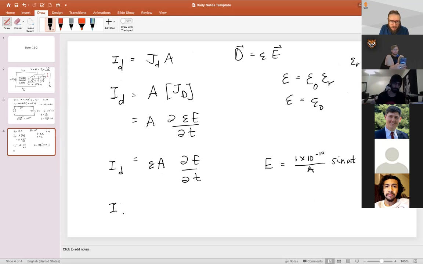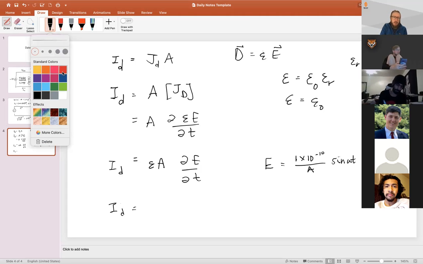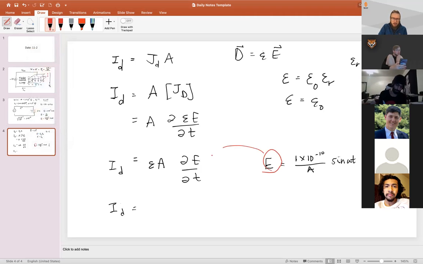Okay, so now can you find the displacement current? So take a minute and write this, right? We found an expression for what this field should be.